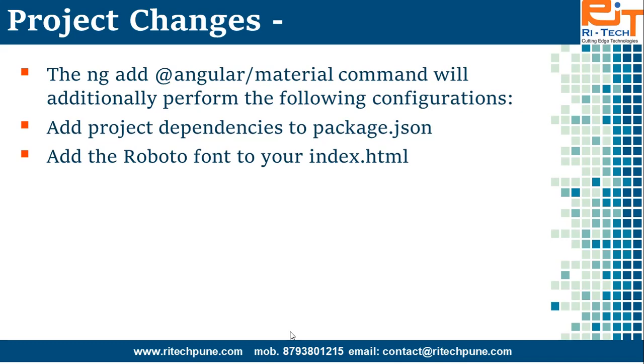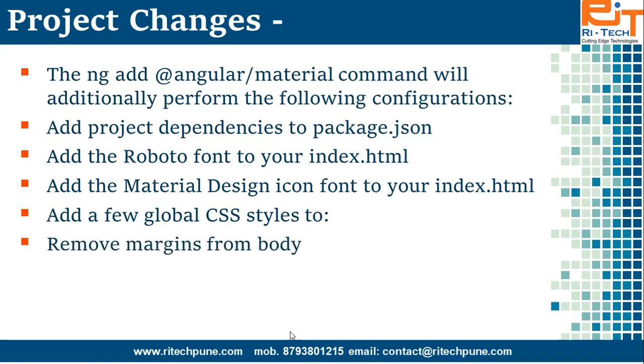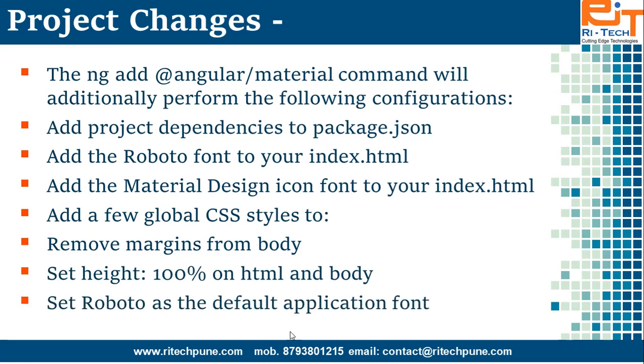Add the Roboto font to your index.html. Add the Material Design icon font to your index.html. Add a few global CSS styles, remove margins from the body, and set height to 100% on the HTML and body tags. Set Roboto as the default application font there.